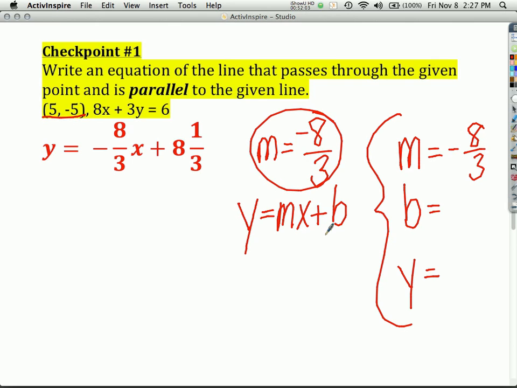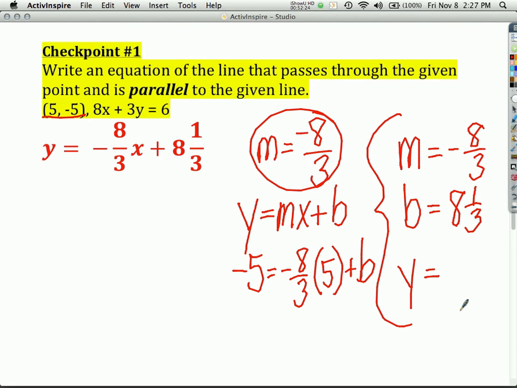So you get y is negative 5 equals negative 8/3 times x is 5 plus b. Yeah, it's a little bit messy, but you can still do it. That's why you're in this class. And so when you do that, it comes out to 25/3 or 8 and 1/3, and then of course you write y equals negative 8/3 x plus 8 1/3.